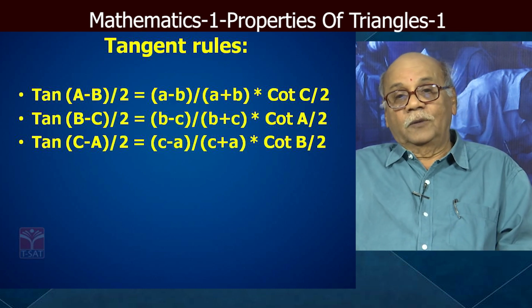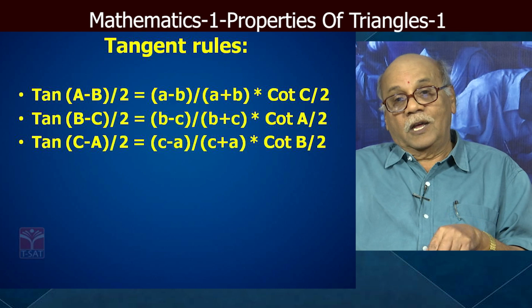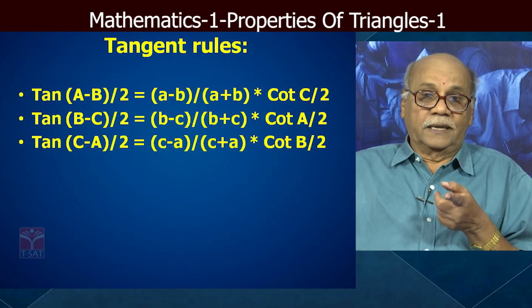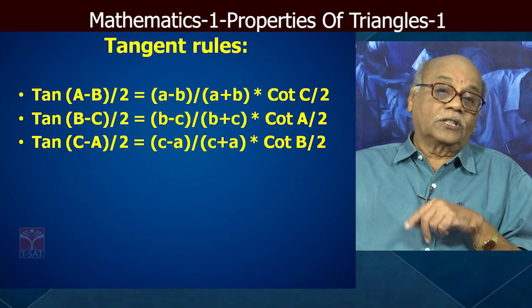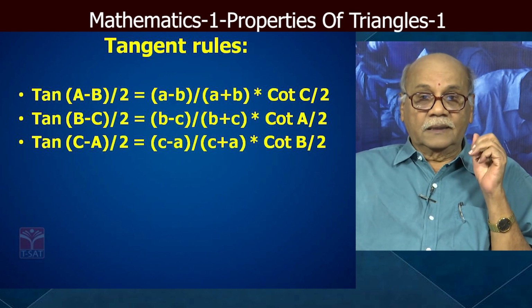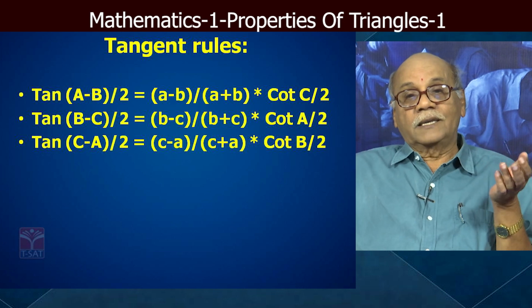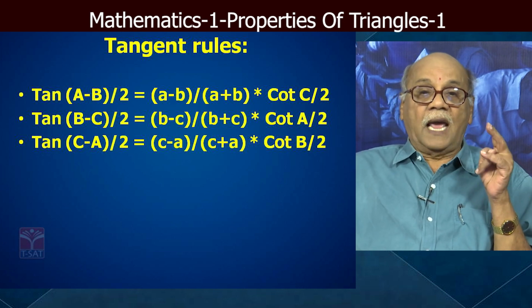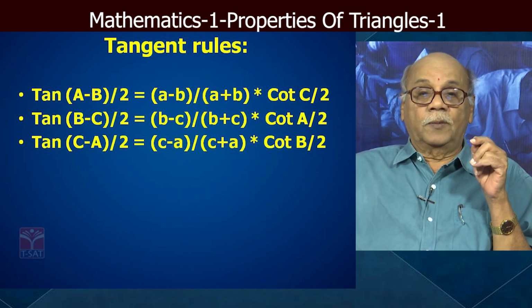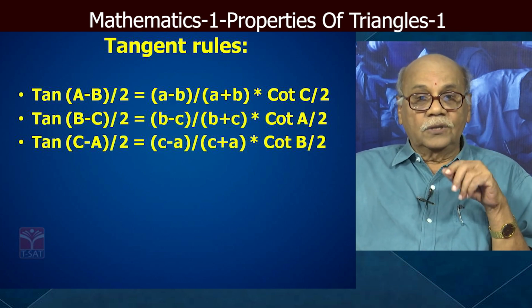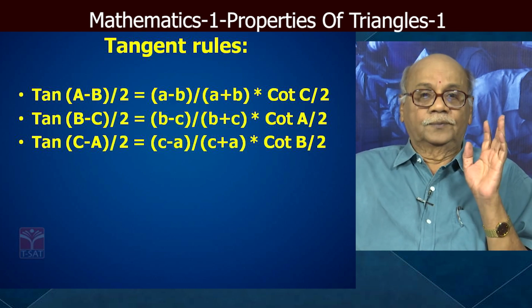There we will get cot C by 2. Similarly, tan (B minus C) by 2 and tan (C minus A) by 2. These, tan (B minus C) by 2, tan (A minus B) by 2, tan (C minus A) by 2, are called tangent rules or Napier's analogy.